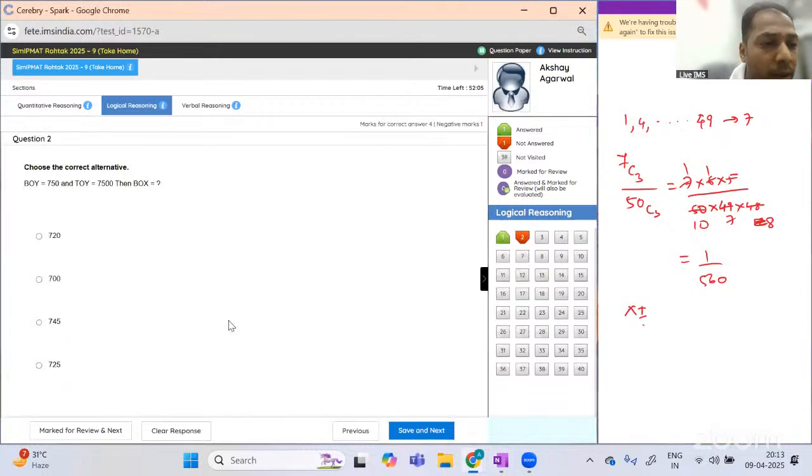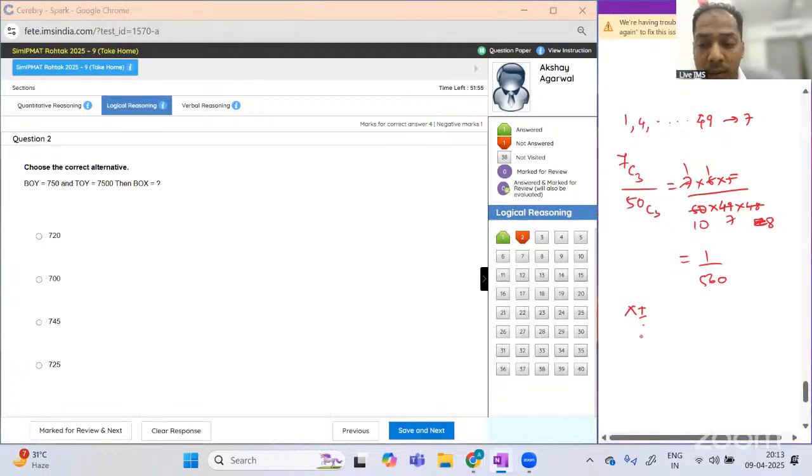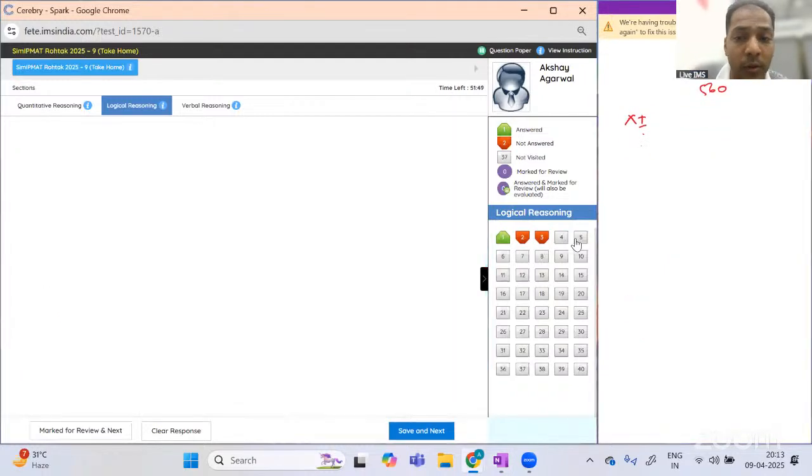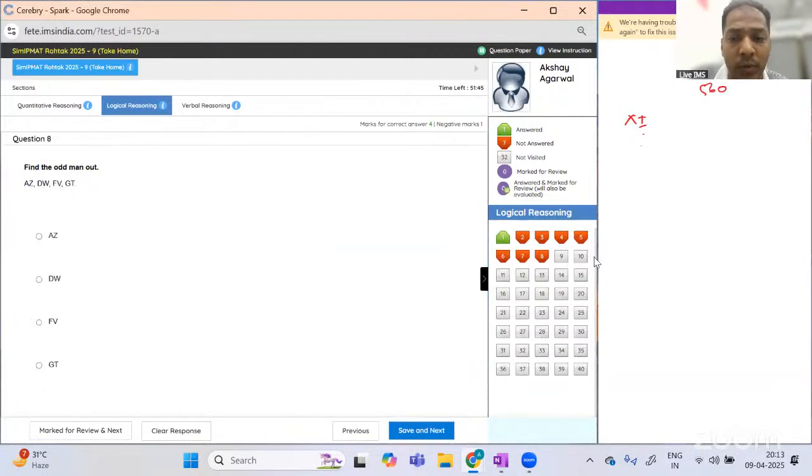Very good. Now next. Boy is 750. Toy is 7,500. How much is this? Okay, boy. B is numeric coding. How many such questions do I have of coding decoding? Okay, I don't need to mark too many. I don't need to work a lot.